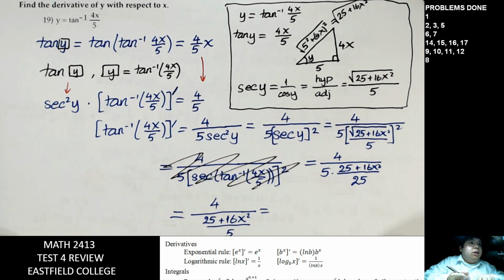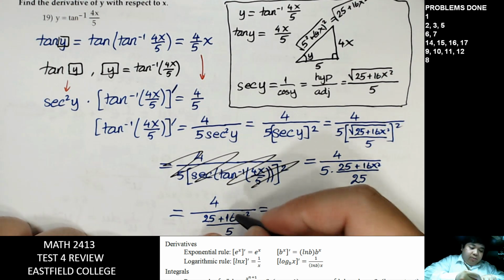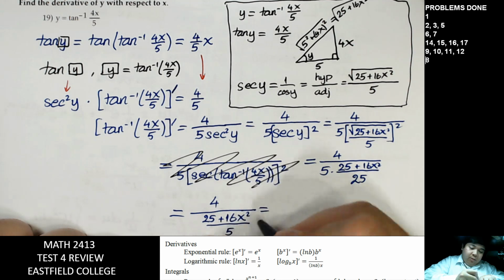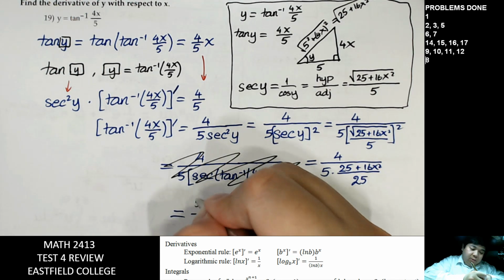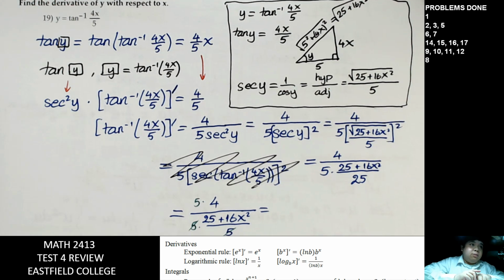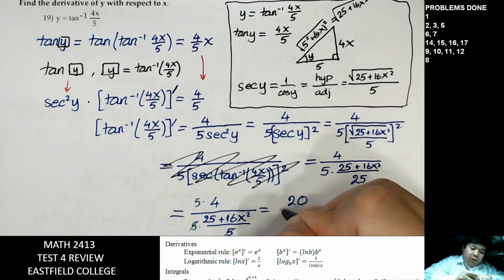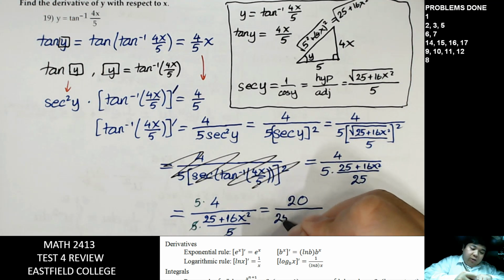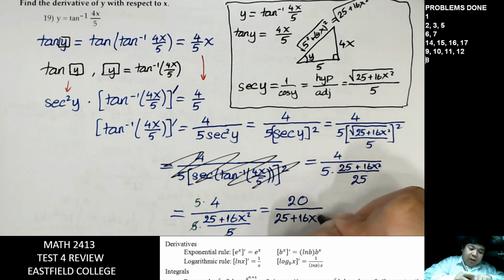Divided by 5 is multiply by 1/5. Actually, we just do that. So we have 20 over 25 plus 16x squared.